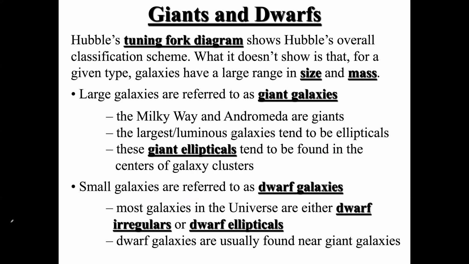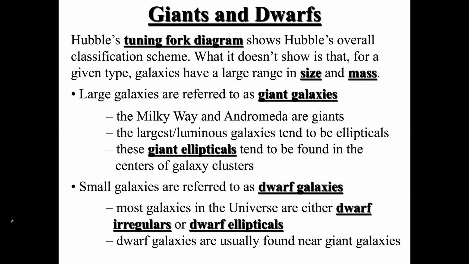And apart from those categorizations of galaxies, remember that there are two types that we talk about separately, that is giant galaxies and dwarf galaxies, right? So this is a separate classification. It does not belong to the Hubble tuning fork diagram, but there are two types we call giants and dwarfs, and this is based on the size and the brightness and the mass of a galaxy, right? If you have large, huge galaxies that are very luminous, we call them giant galaxies.